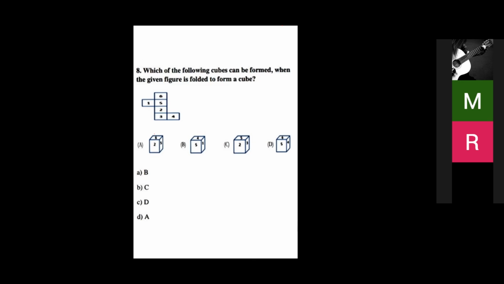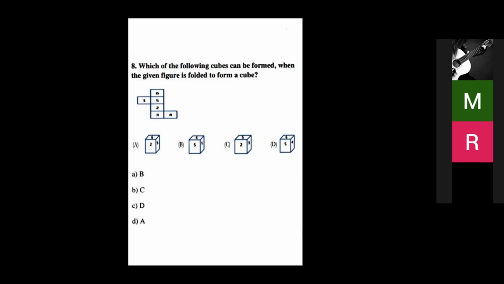Figure D. Very good. Chirag, third option. Third option, super. The remaining figures fail to satisfy the condition of opposite sides, right? Good.